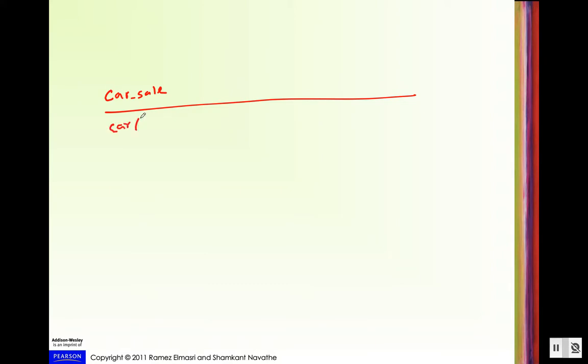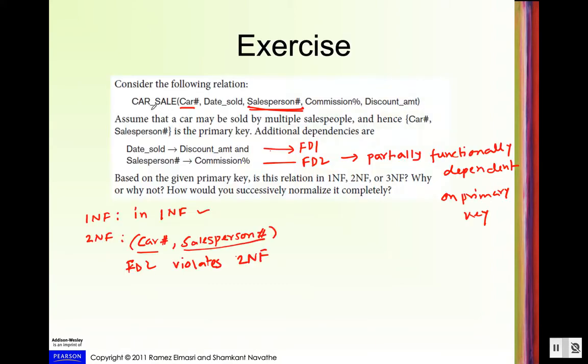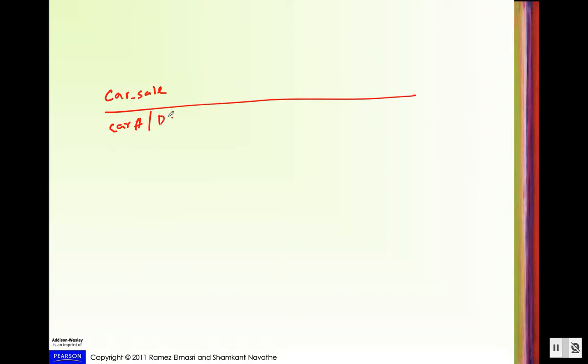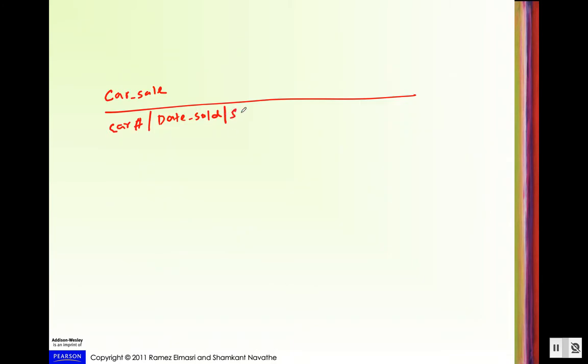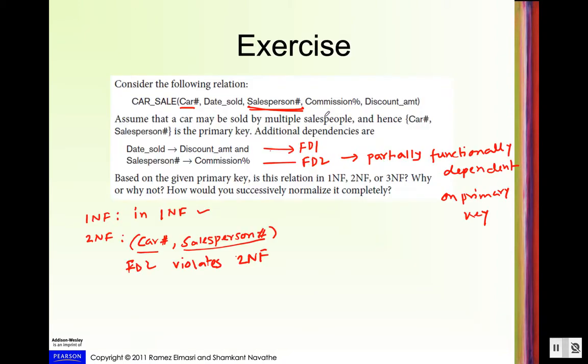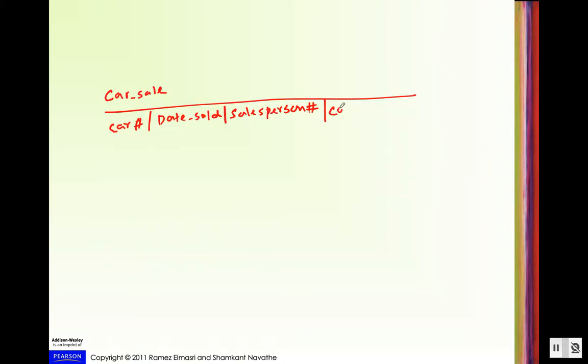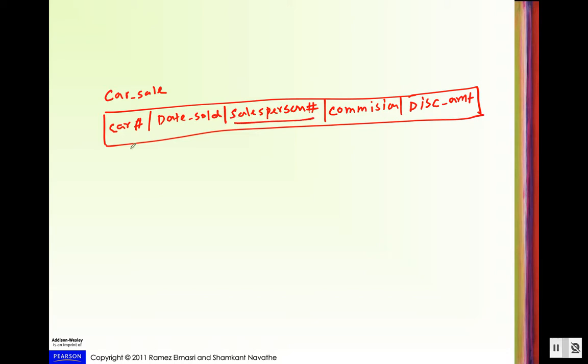This table has car number, date sold, salesperson, commission and discount amount. This is my primary key.